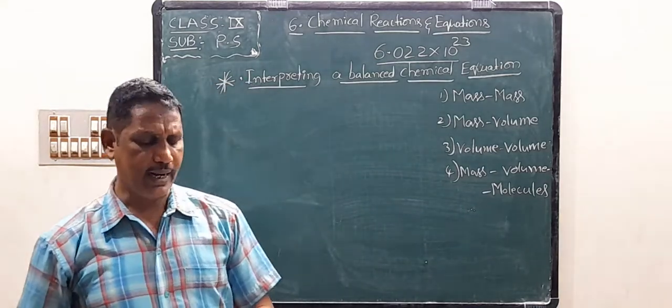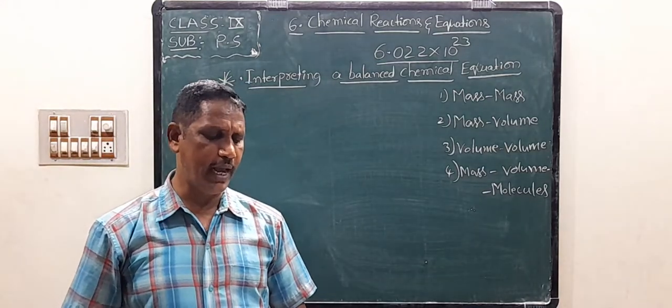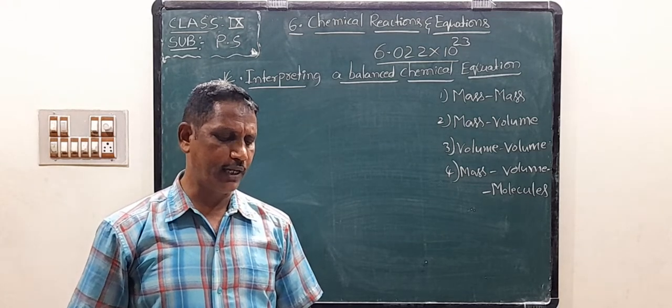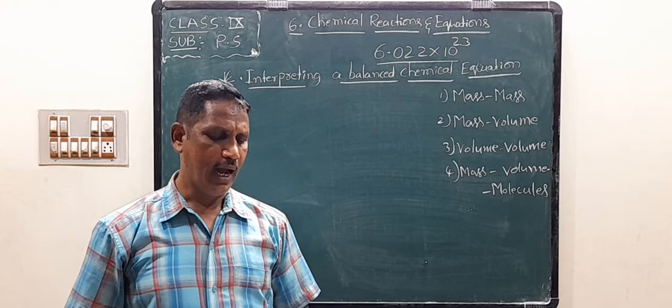For example, Al plus Fe2O3 gives rise to Al2O3 and Fe.